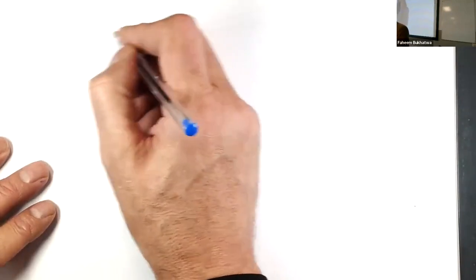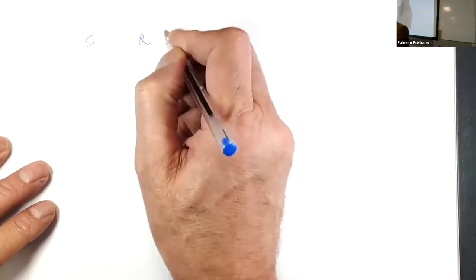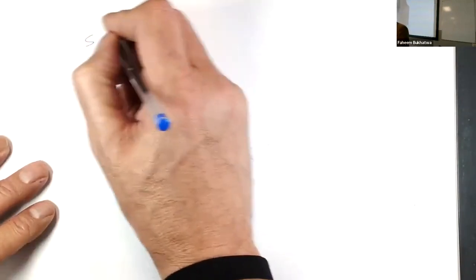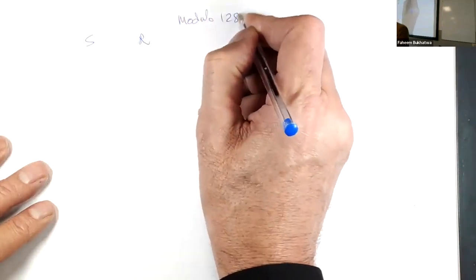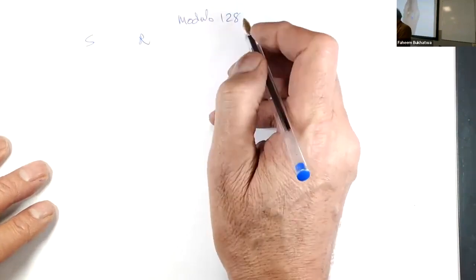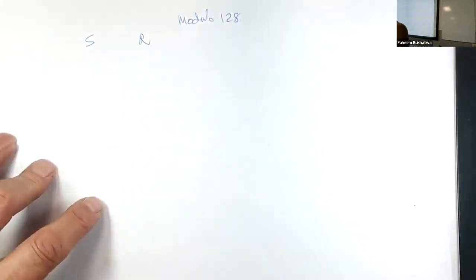Let's say we have a sender and a receiver, and we have a window size. We're going to use modulo 128. What does modulo 128 mean?